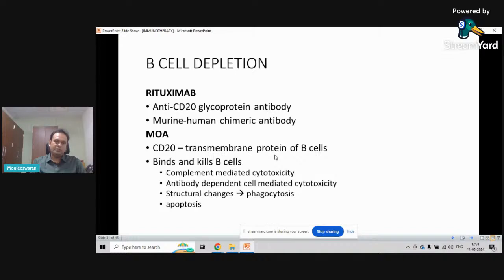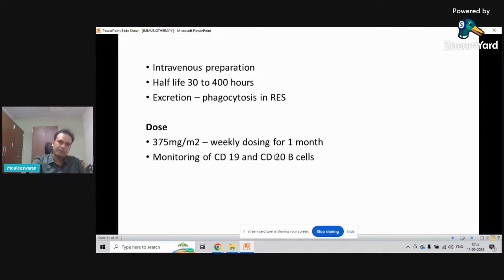So basically, rituximab binds to these receptors, thereby activating the lysis of these B cells through either complement mediated cytotoxicity or antibody dependent cell mediated cytotoxicity, or producing direct structural changes resulting in apoptosis as well as phagocytosis.